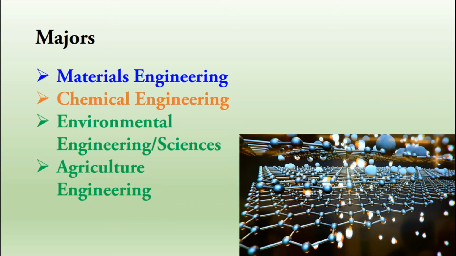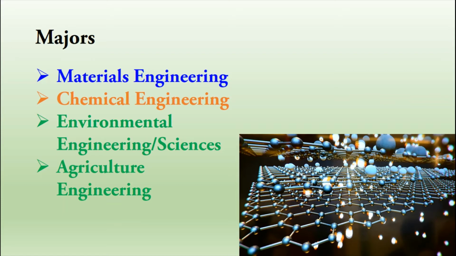Now I will explain the major areas in which you can find open positions. Generally these websites advertise from every field, but some fields are very common, and professors from these fields post their open positions: materials engineering, chemical engineering, environmental engineering or sciences, and agriculture engineering.